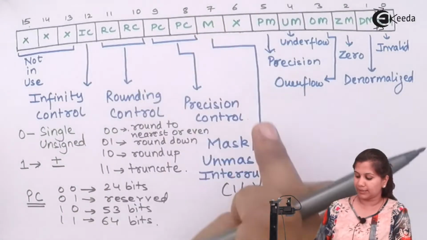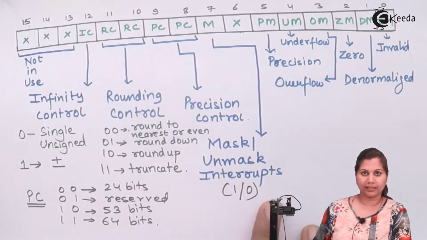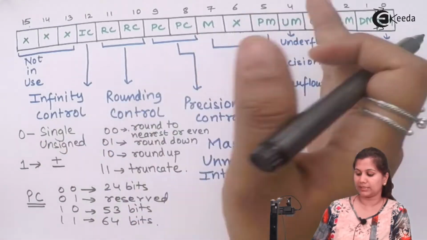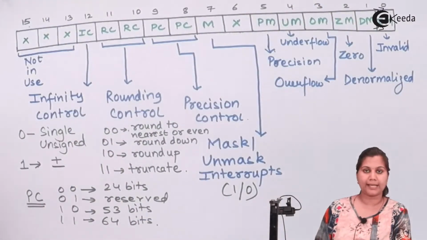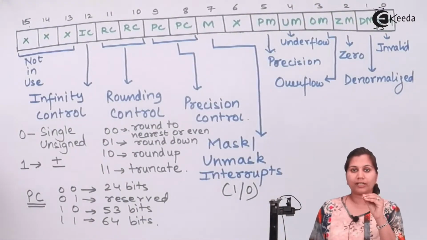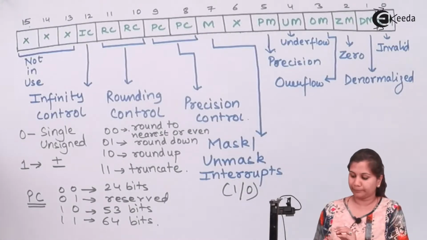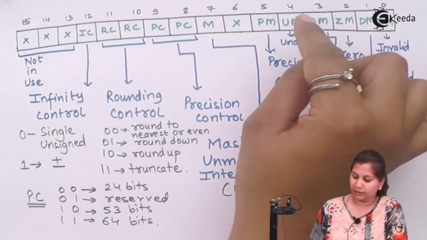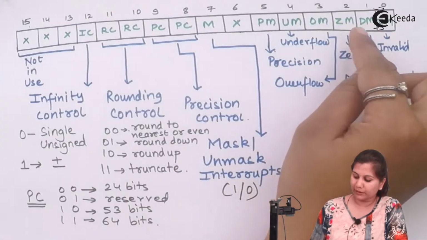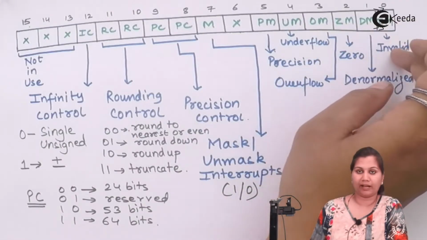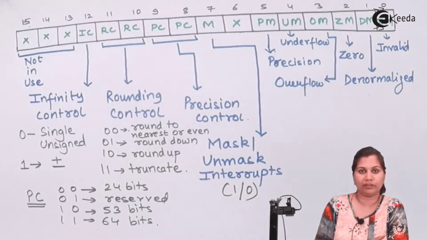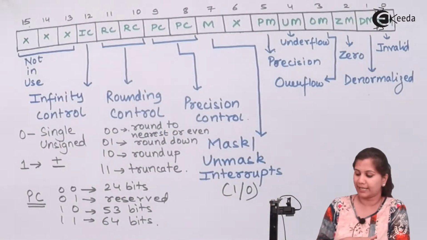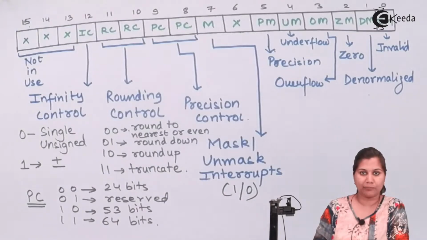Then M, this is for masking and unmasking the interrupts. Interrupts means these are the exception flags. Exception flags work as an interrupt. So here we have precision, underflow, overflow, zero, denormalized, and invalid. Just like in the status word we had these exception flags, here also we have the exception flags.